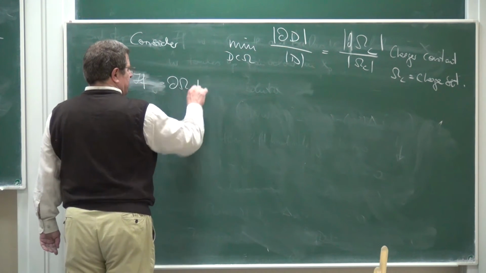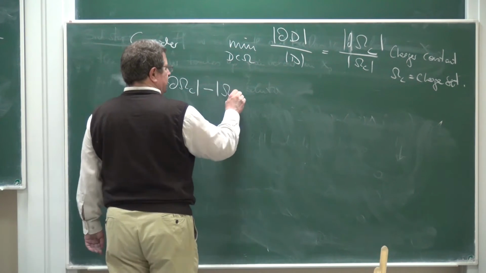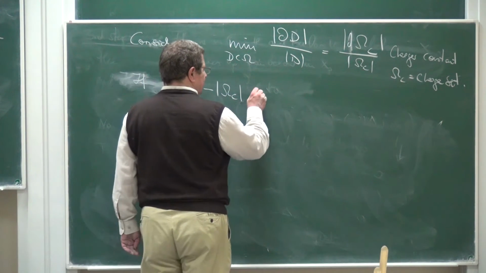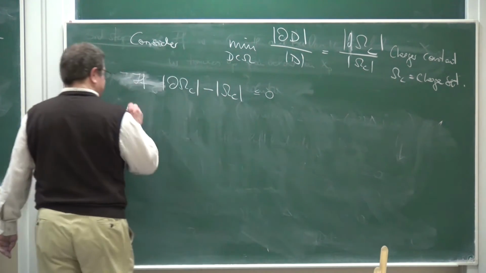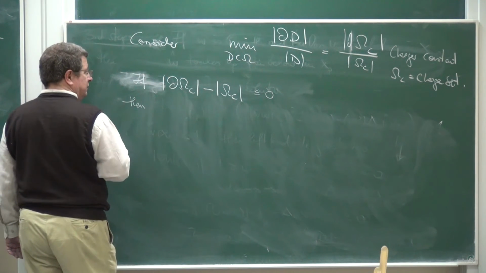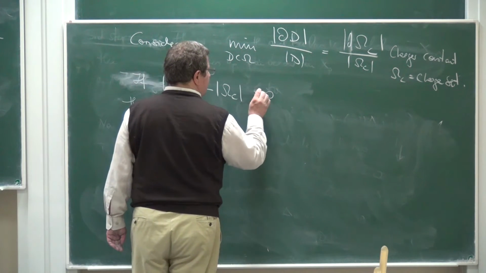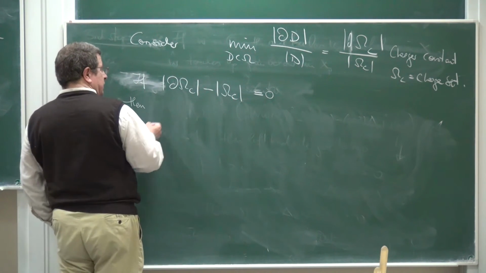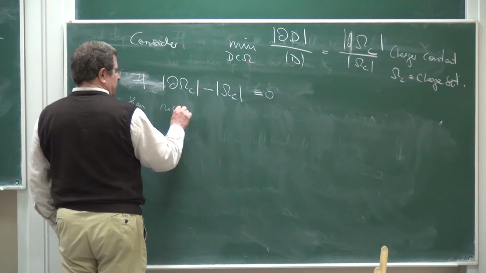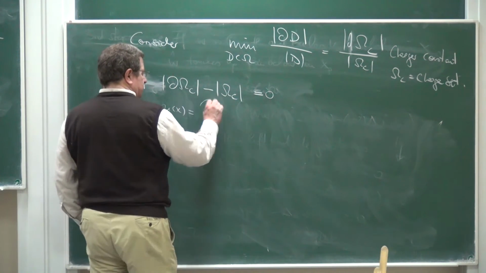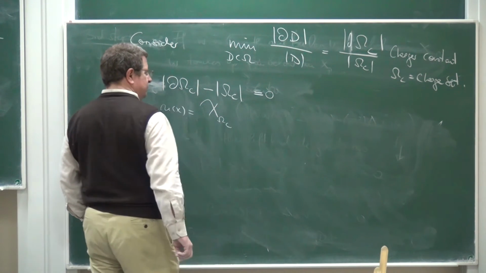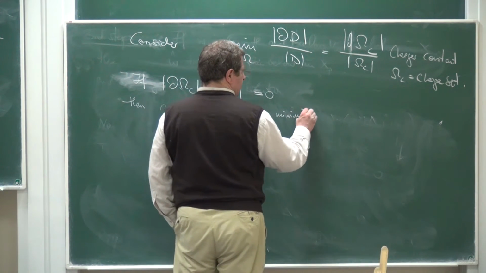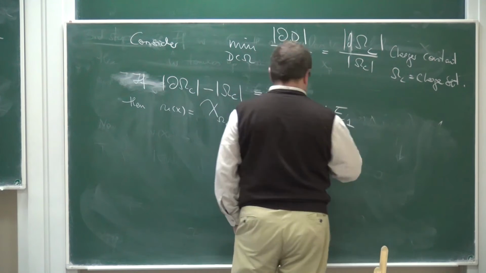If the perimeter minus the volume of omega c is less or equal to 0, even, well, if it is equal to 0, then the function u of x, the characteristic function of the set omega c, is a minimizer of E sub 1.